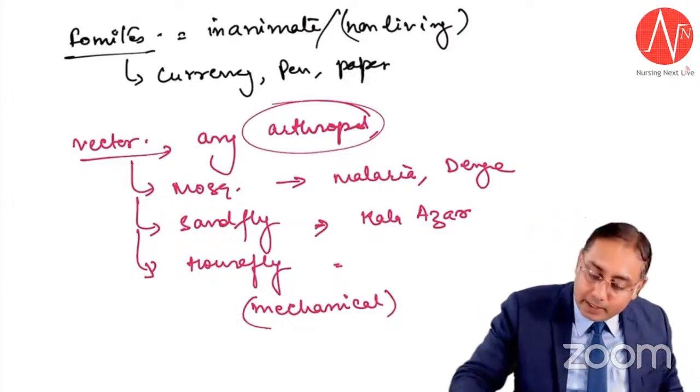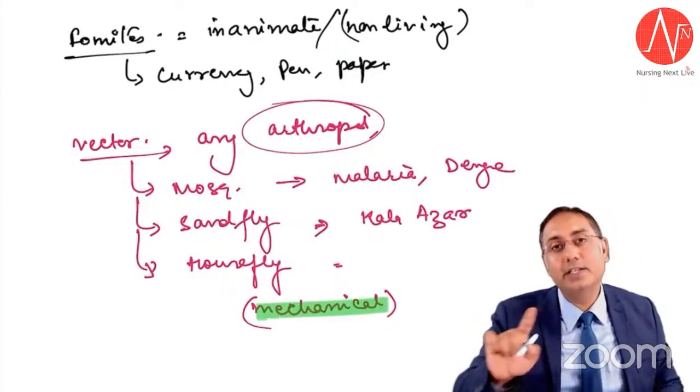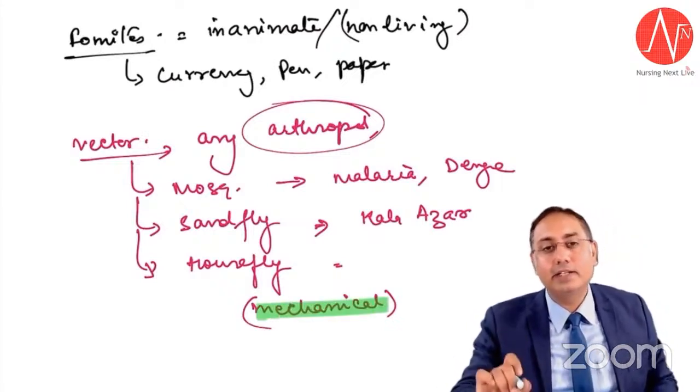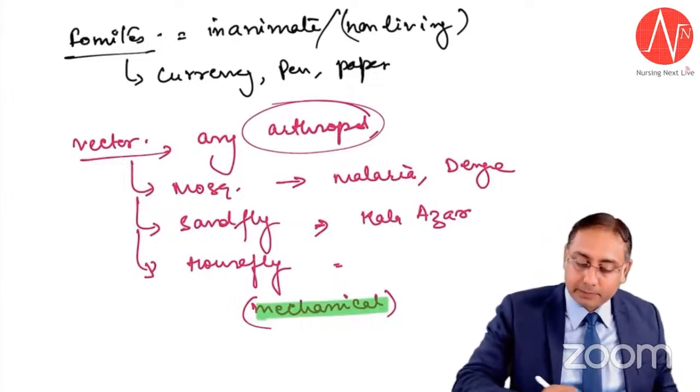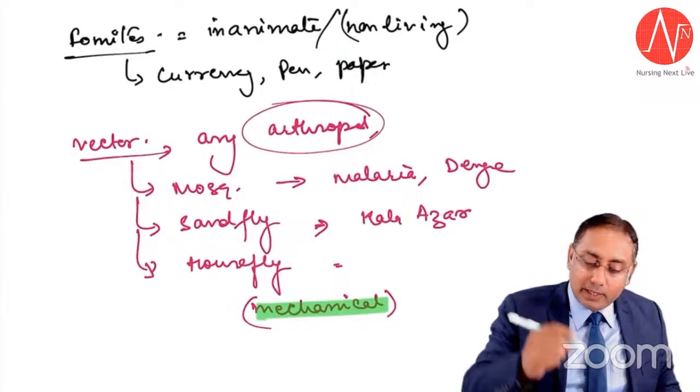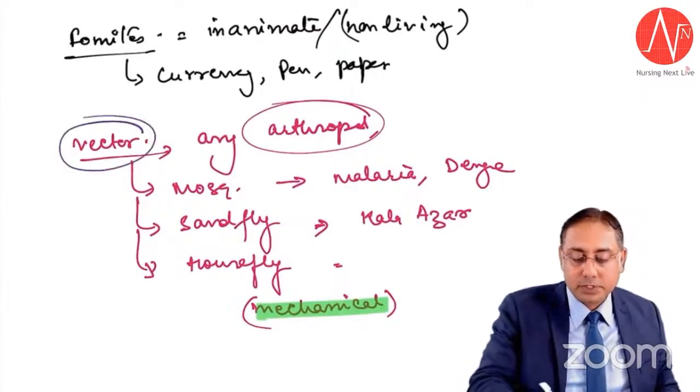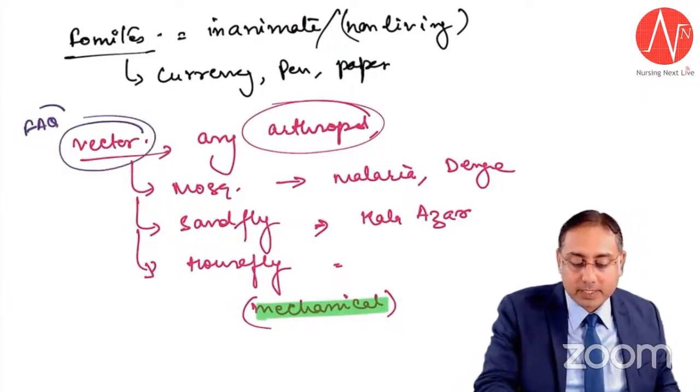So there is a mechanical mode of transmission, and that is the reason we call the vectors an indirect mode of transmission, right?